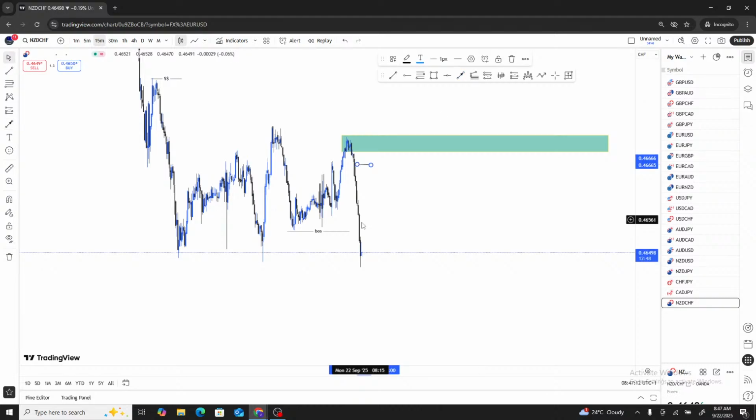Okay. So since it is like this, the next thing we have to do is to look for liquidity. Yet there's no liquidity yet, right?